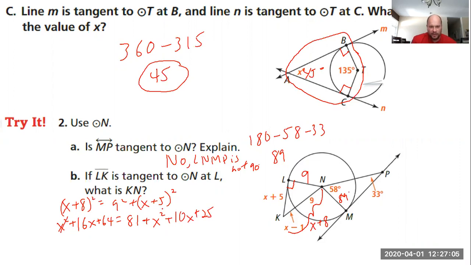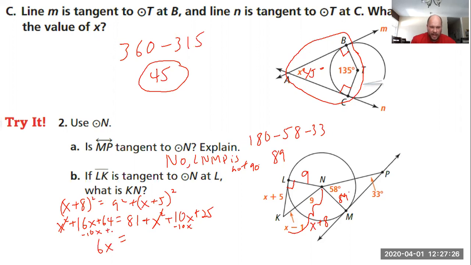So now we have X squared on both sides, so we can go ahead and subtract it from both sides and cancel out. Go ahead and bring our like terms to the same side. So I'm going to bring my 10X over to the left side, so minus 10X from both sides. That gives me 6X over here.